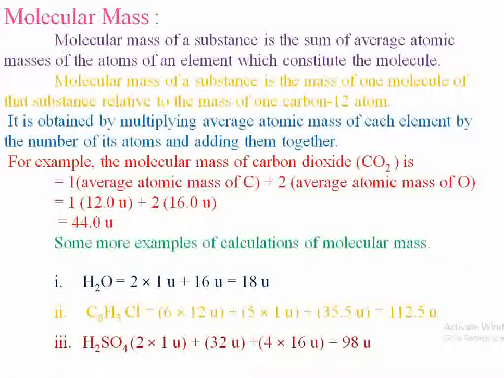Another definition: molecular mass of the substance is the mass of one molecule of that substance related to the mass of one carbon-12 atom. Or the molecular mass of the substance is the sum of average atomic masses of the elements which constitute that molecule.